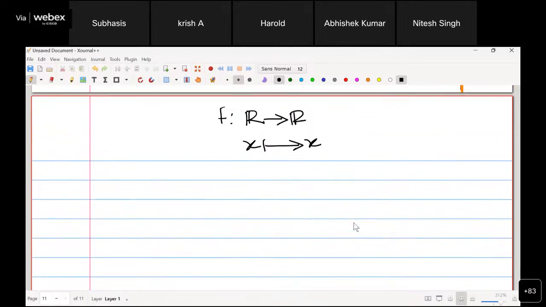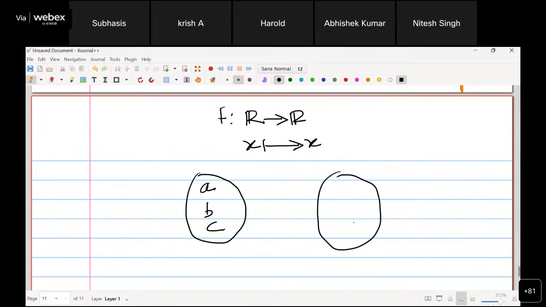Sir, for a bijective function, can we say that the number of elements in domain, codomain, and range are the same? Yes, correct, because you have a one-to-one correspondence. Bijective will look like this: when you have A, B, C and 1, 2, 3, A goes to 1, B goes to 3, C goes to 2.